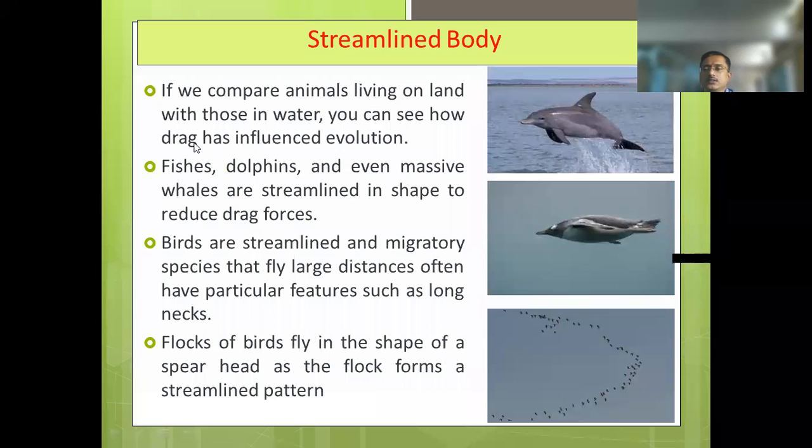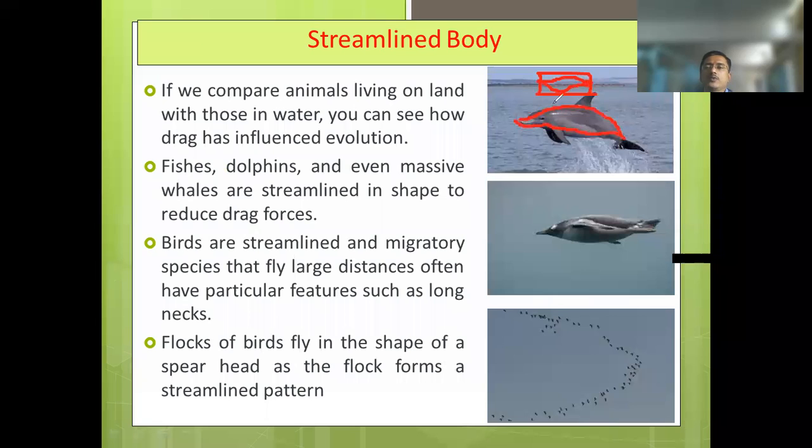Due to the continuous resistance, the fish may have had a shape like this, but due to the continuous drag force acting on it, evolution changed its shape to this form. So this body is called a streamlined body.